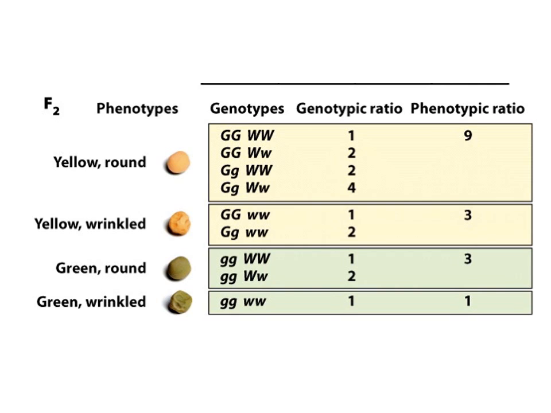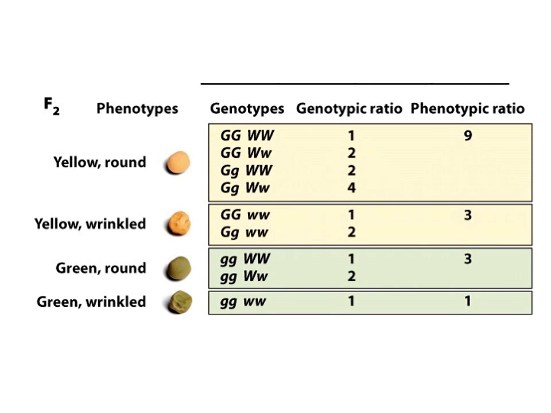Once we get up into dihybrid and trihybrid crosses, the genotypic ratios stop meaning as much, but we could still say, okay, in that F2 generation, what percentage of the offspring do you expect to have a genotype exactly the same as the parents? That could be a good question. How would you do it?